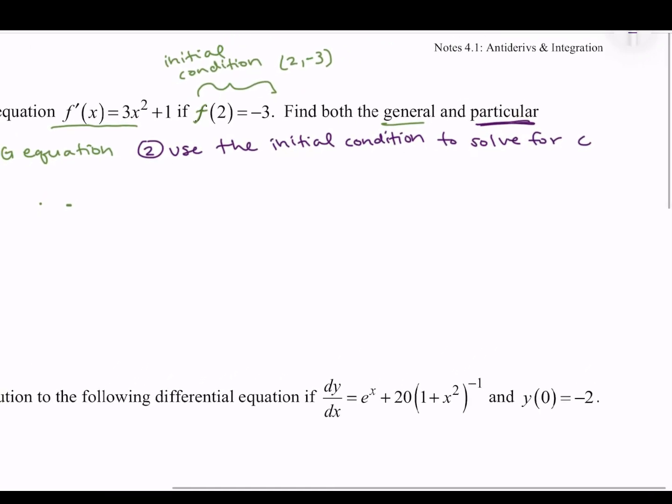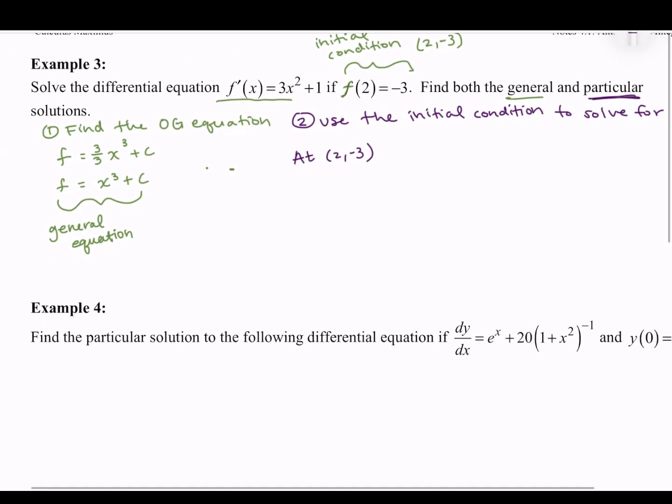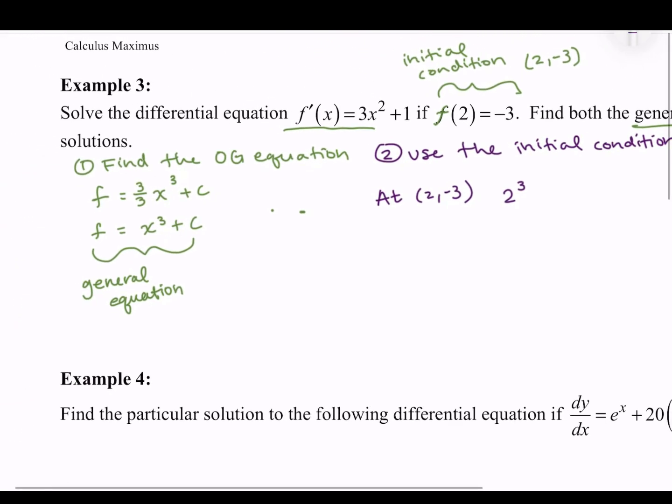So what my initial condition tells me is that at the point 2, -3 means I can plug those points into my f. So my f is x cubed plus c. If I plug in 2, I get 2 cubed. Oh, I'm doing the totally wrong equation. Sorry, let's go back a little.